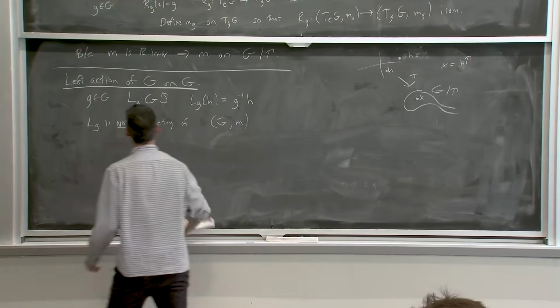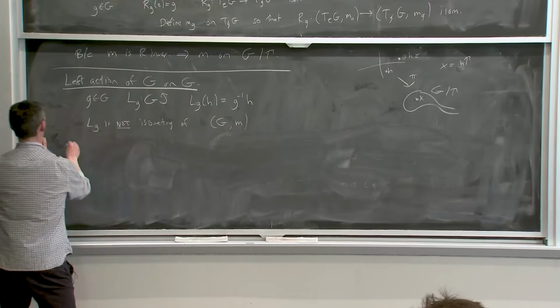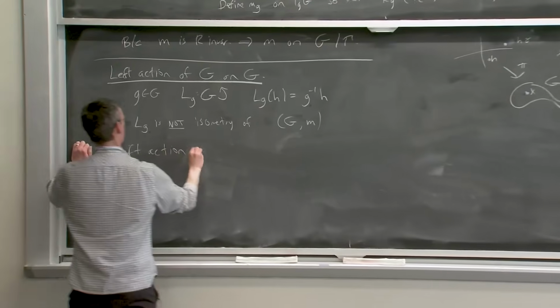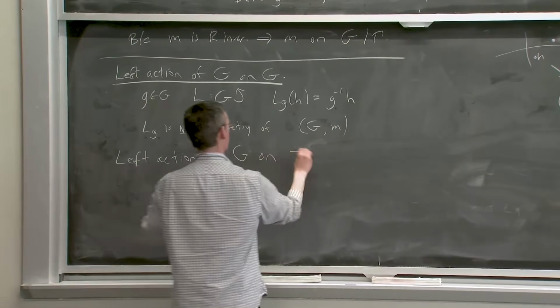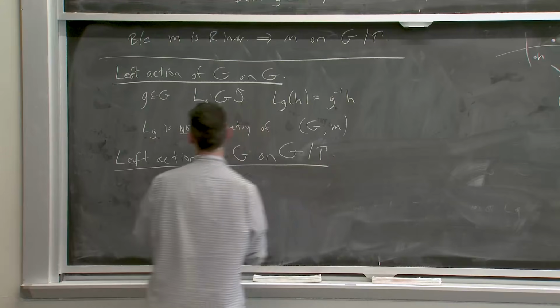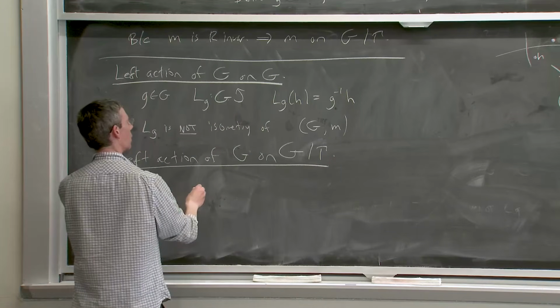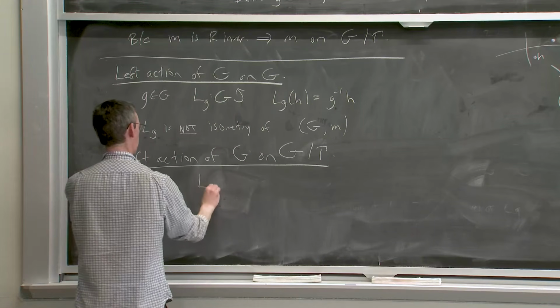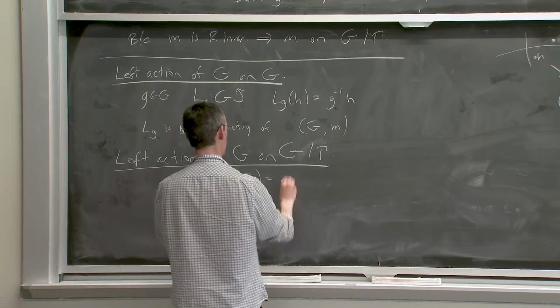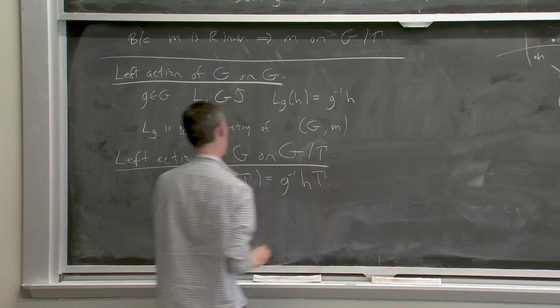And we also have a left action of G on G mod gamma. And how does that work? Well, L_g of h gamma is just g inverse h gamma.